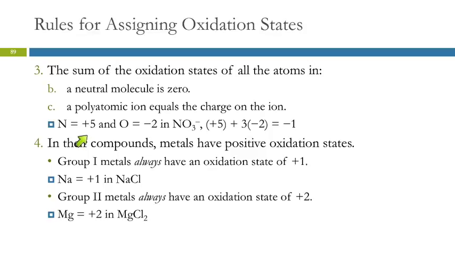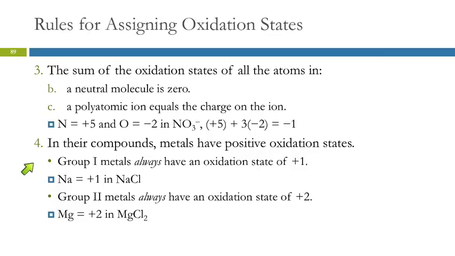I haven't explained to you how you would know that yet. It's coming. The oxygen has a -2. There are 3 oxygens. All the oxygens have the same oxidation state. So there's 3 that have -2, so that's a total of -6 oxidation state. And there's 1 nitrogen with a +5, and all of that adds up to -1, which is the overall charge. Okay?